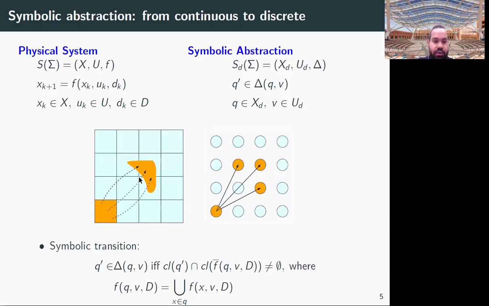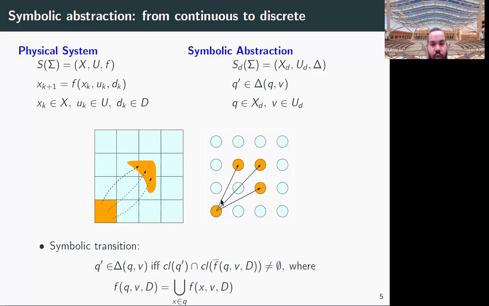So here this discretization, which is the next state, is intersecting with the reachable set of this initial state. So this is formally defined by this relation. For a state Q prime to be a successor of Q and V, this Q prime should intersect with the reachable set of Q and V with disturbance D, which means in other words that the intersection between the two is different from the empty set.